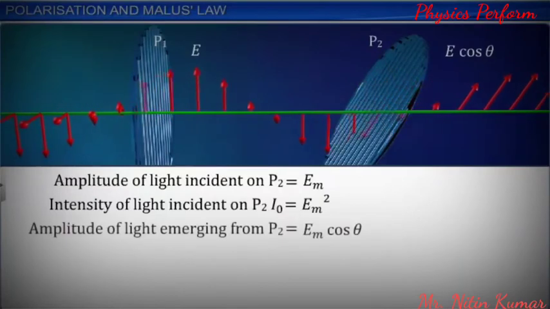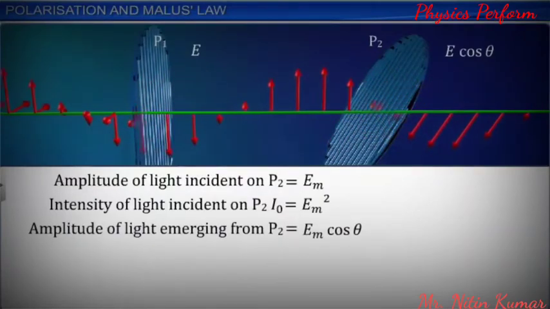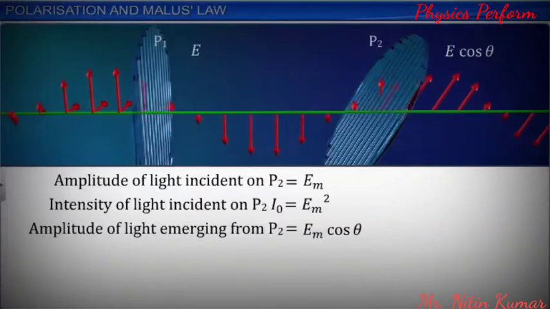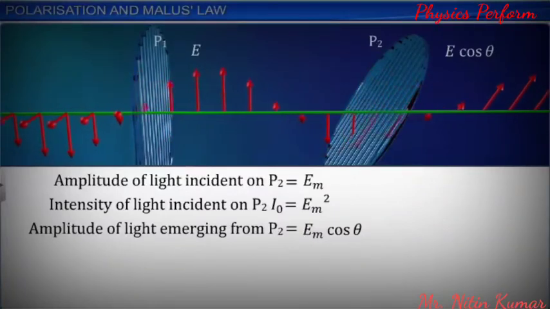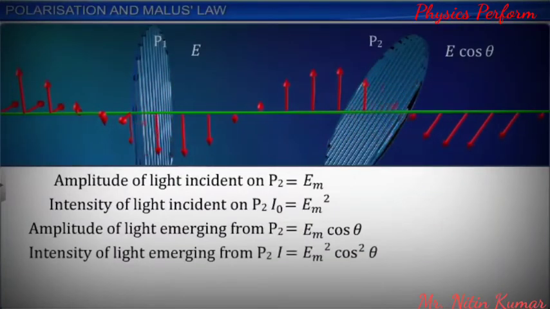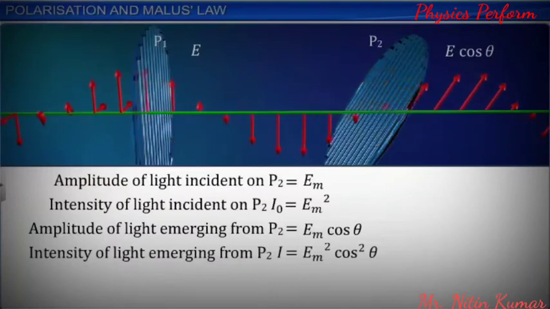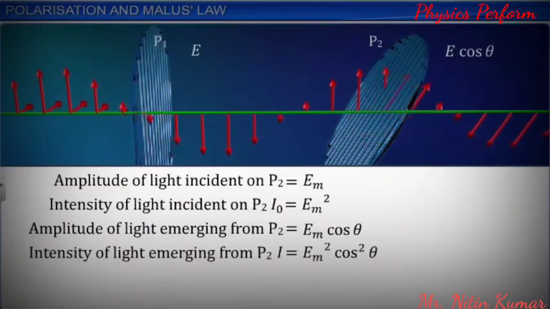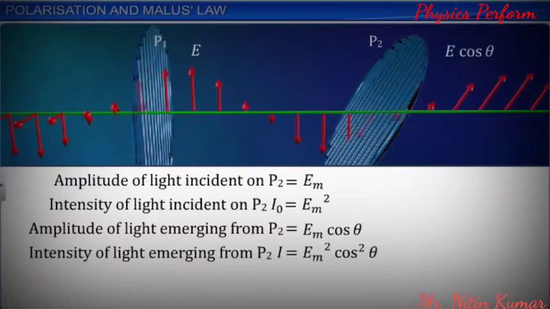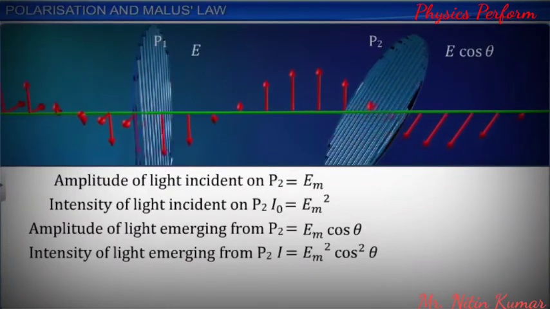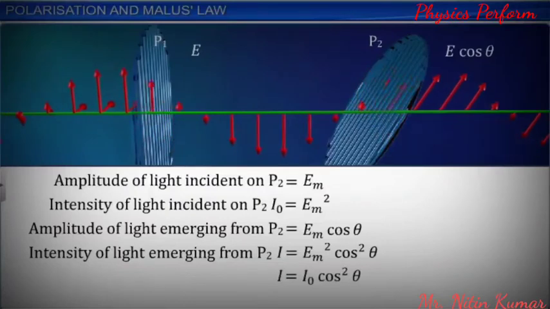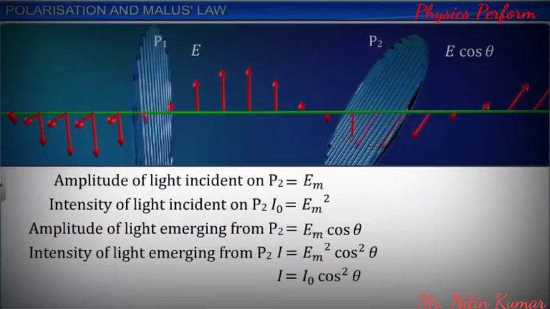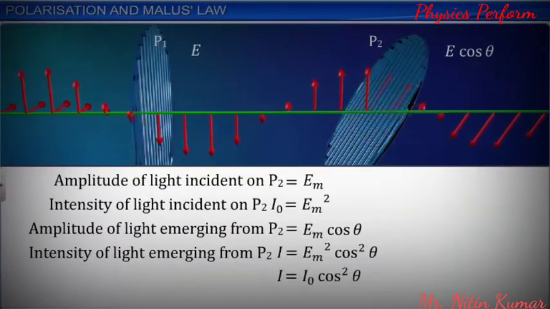The amplitude of the light emerging from the Polaroid P2 is then equal to Em cos theta, and the intensity of light I emerging from P2 is equal to Em squared cos squared theta. This can also be written as I equals I0 cos squared theta. This is known as Malus's law.